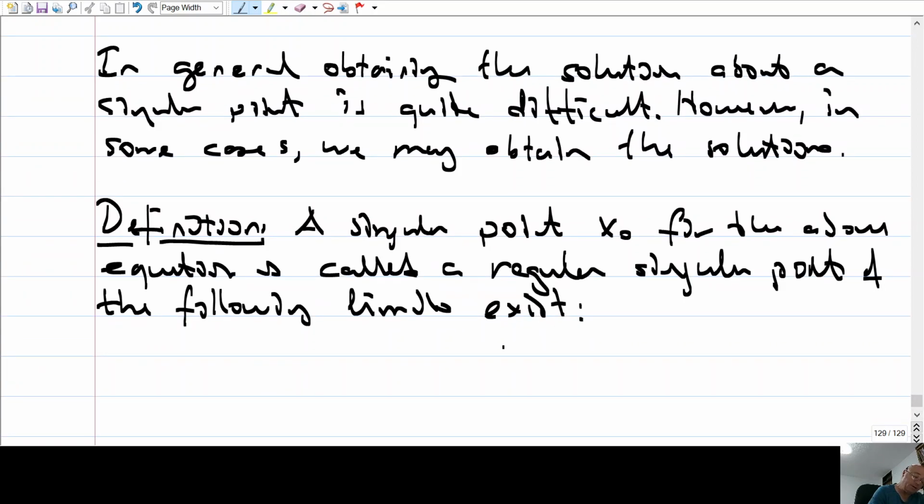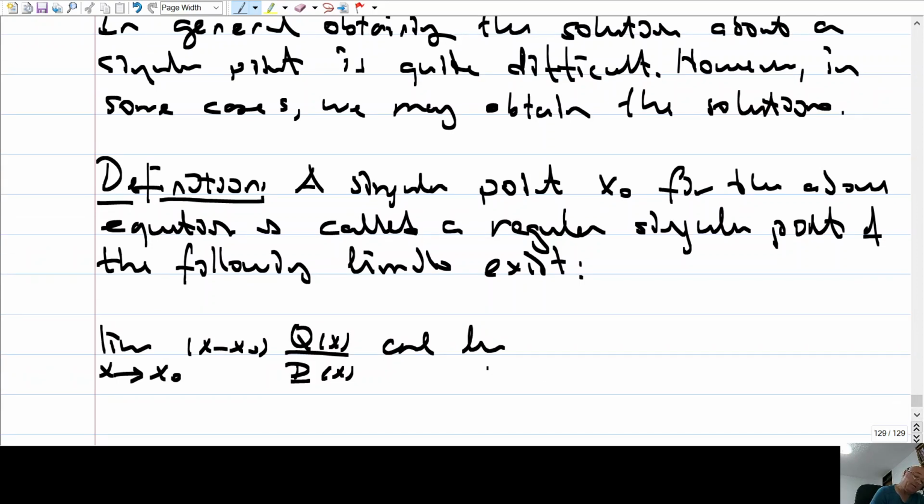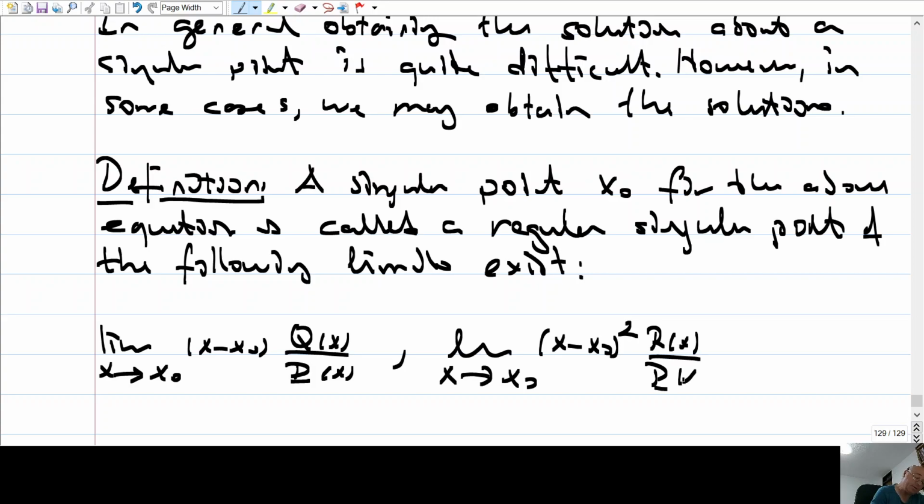What are they? One of them is this: limit as x goes to x0 of (x minus x0) times q(x) over p(x), and limit as x goes to x0 of (x minus x0) squared r(x) divided by p(x).